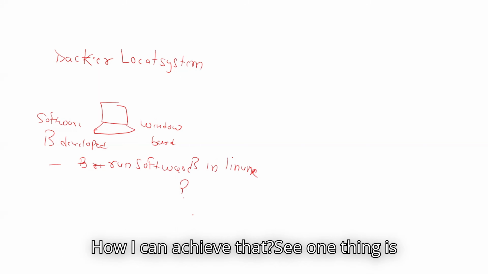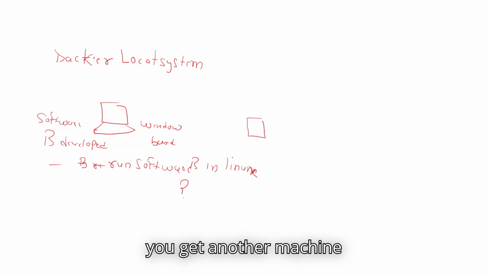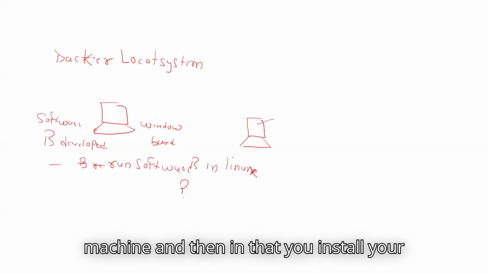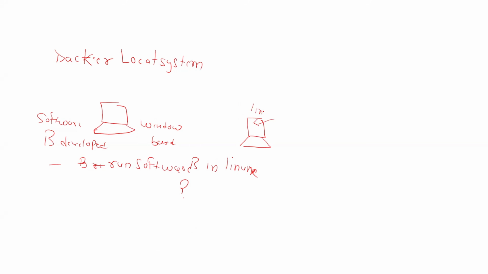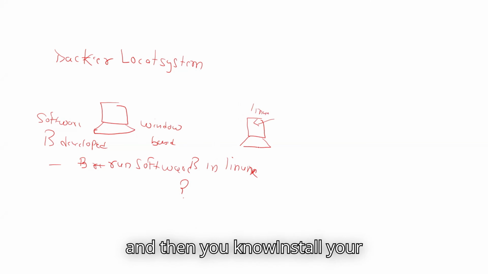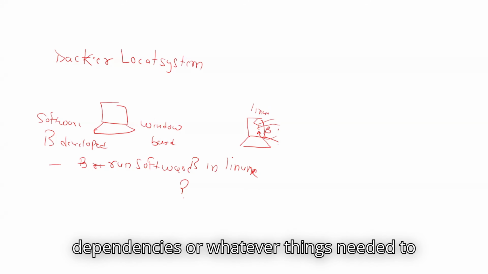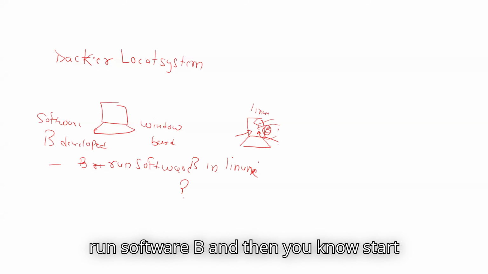How can I achieve that? One thing is you get another machine, and in that you install your Linux, and then install your software B here. I mean, pull all the dependencies or whatever things are needed to run software B, and then start doing your work.